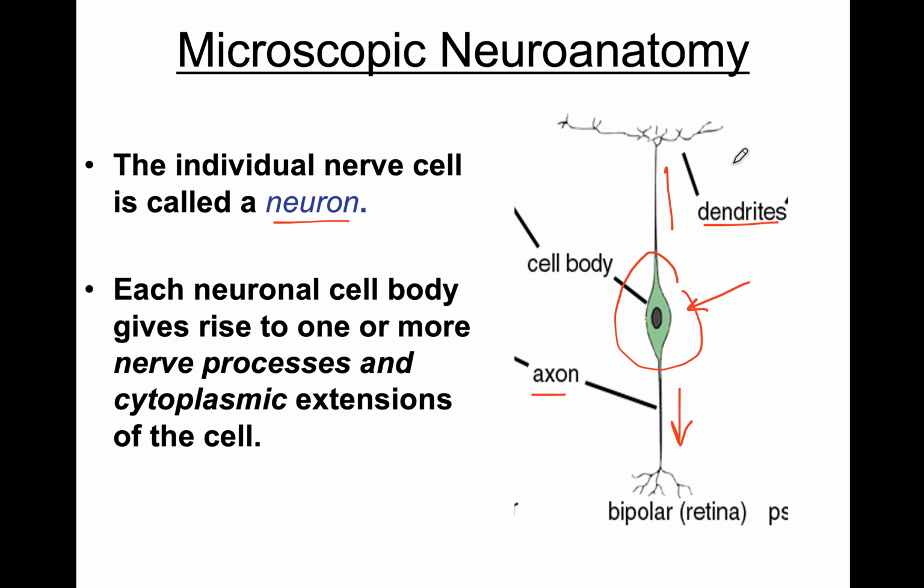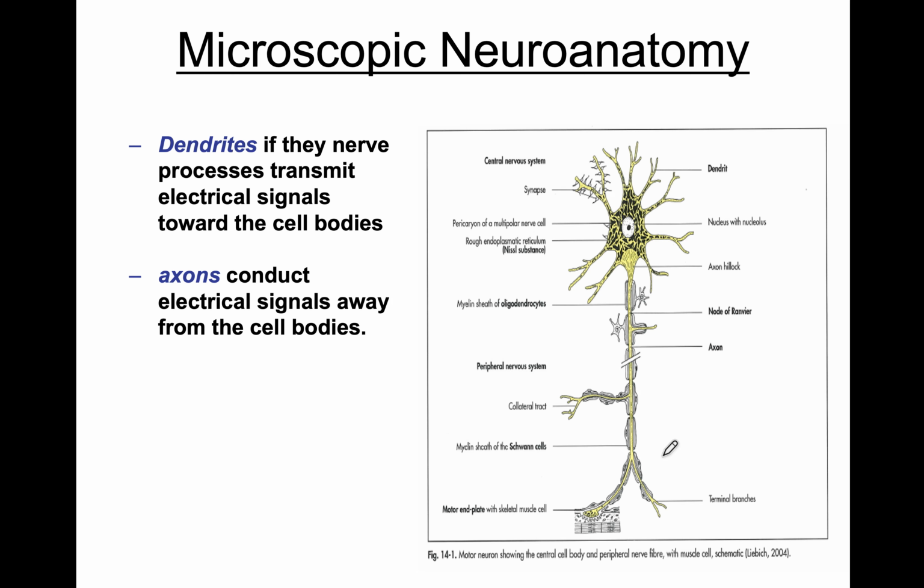This one here is called the dendrites, and usually these carry the information toward the cell body, whereas the one that carries the information away from the cell body is called the axon. A collection of neuronal cell bodies inside the central nervous system forms a structure we call the gray matter, whereas the collection of the neuronal processes, which include the dendrites and the axons, is responsible for the formation of the white matter.